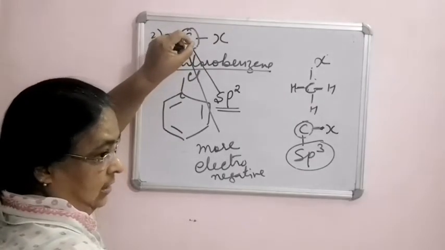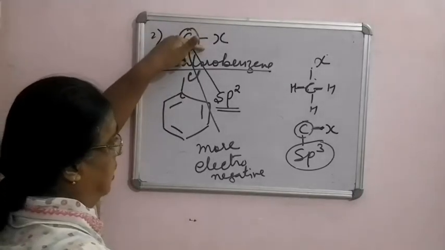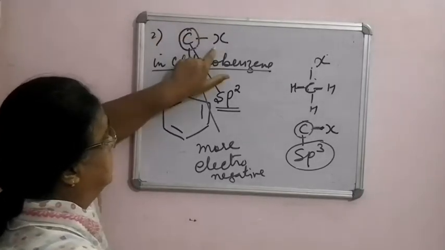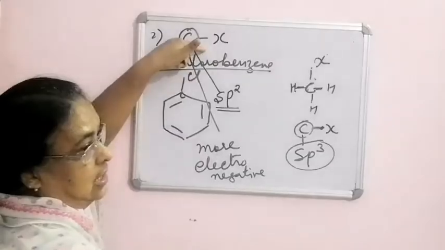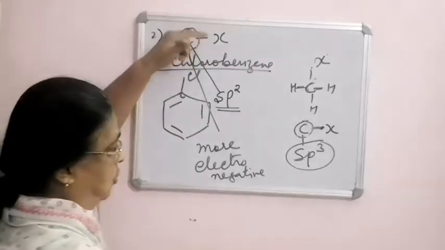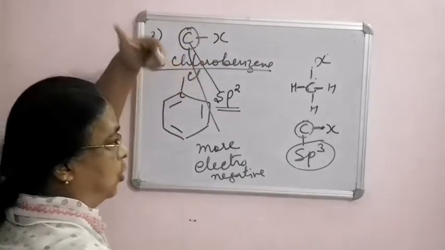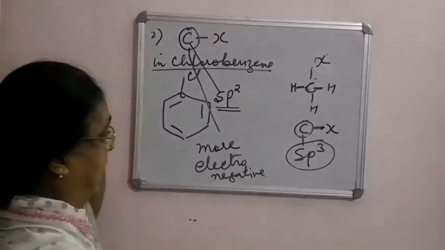The shorter the bond length, the stronger the bond. So this bond becomes stronger, and therefore the halogen is not easily replaced, and that's why it does not undergo nucleophilic substitution reaction so easily or quickly, as we see in alkyl halide.